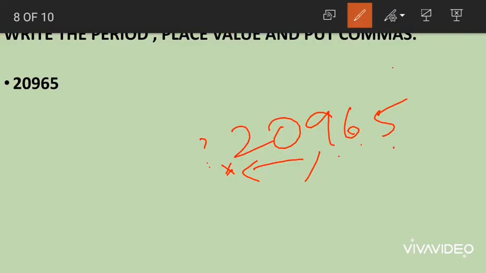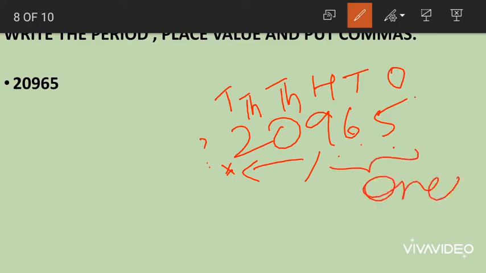Now let us write the place values. Ones, after that what comes after ones? Yes, tens, then comes hundreds, then comes thousands, and then comes the new place value we have learned today, which is the 10,000. Now how do we read this? What about the periods? Ones, tens and hundreds fall under ones period.